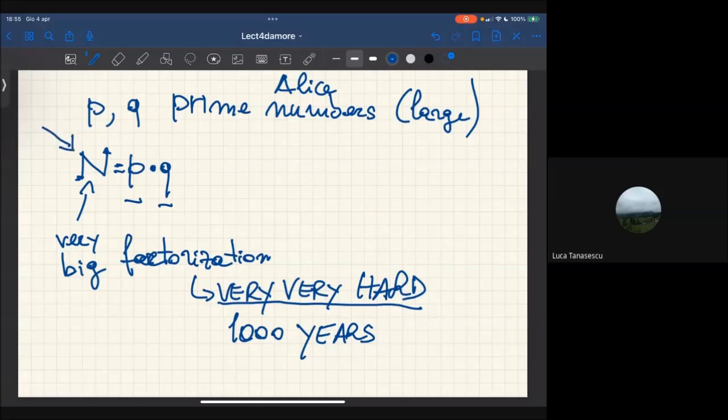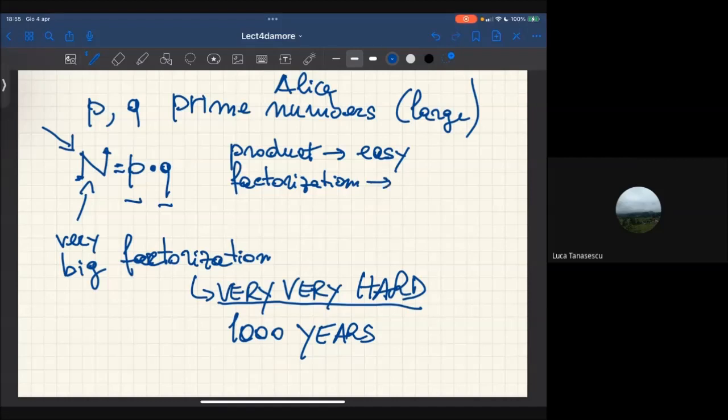Notice that the product is easy. The inverse of product, the factorization, is hard.